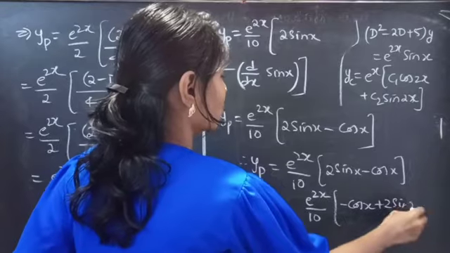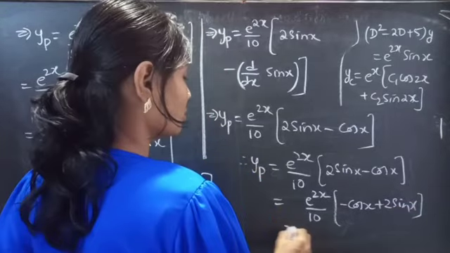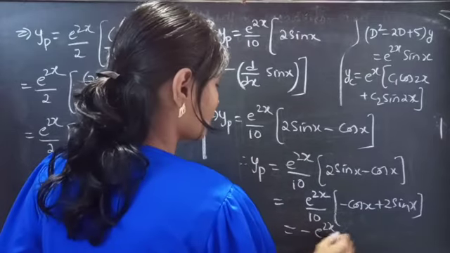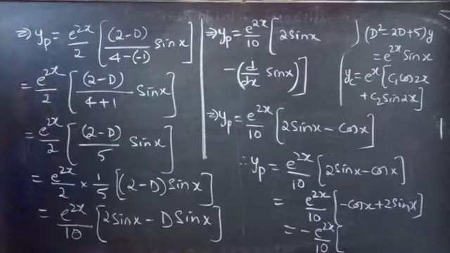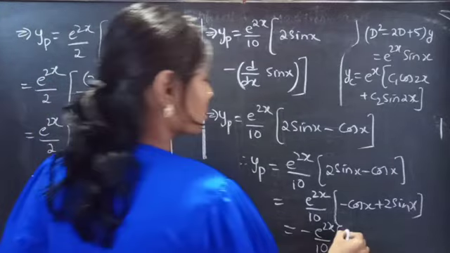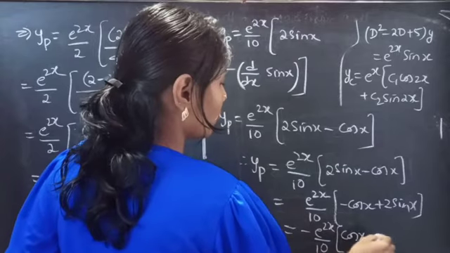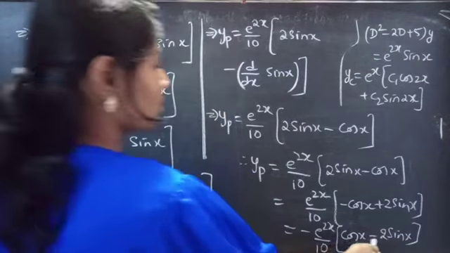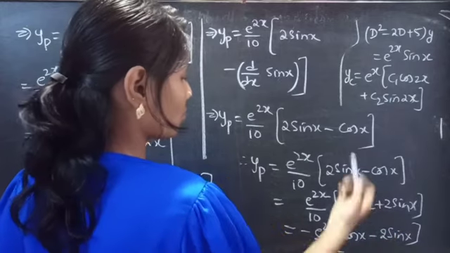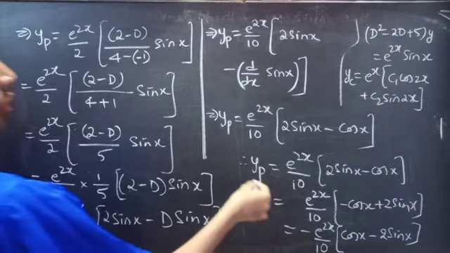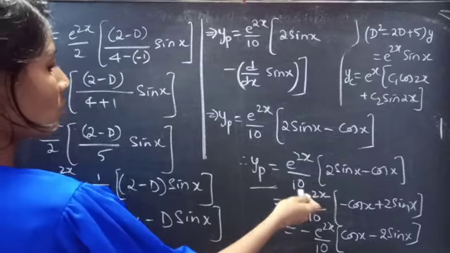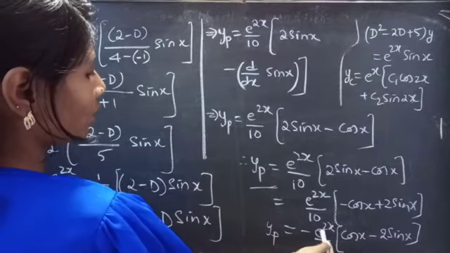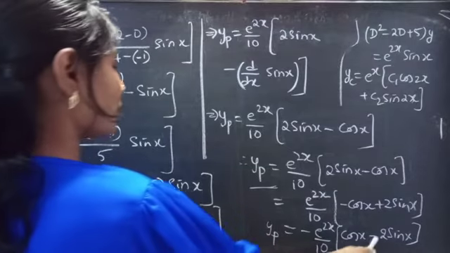Now you can take minus common from the two terms, and you will get minus e^(2x)/10 into (cos x minus 2 sin x), right? Since minus into minus, plus. Minus into plus, minus. So either you can choose y_p as e^(2x)/10 into (2 sin x minus cos x), or y_p equals minus e^(2x)/10 into (cos x minus 2 sin x).